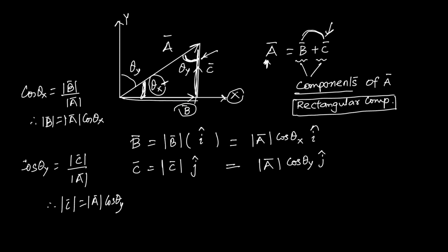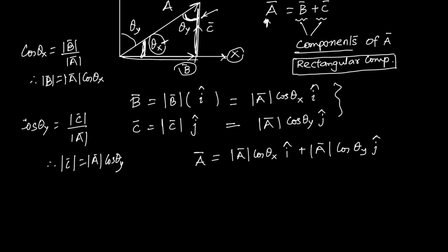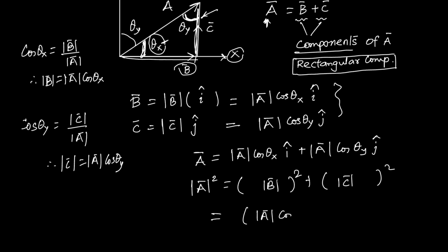Okay, so these are the results, and therefore A vector can be written as mod A cos theta x i cap plus mod A cos theta y j cap. And using Pythagoras theorem, we can write mod of A square is equal to summation of squares of mod B and mod C, where mod B is mod A cos theta x and mod C is mod A cos theta y.